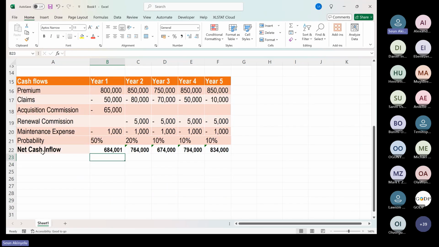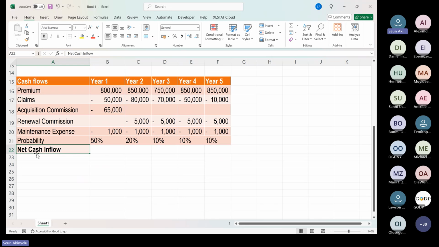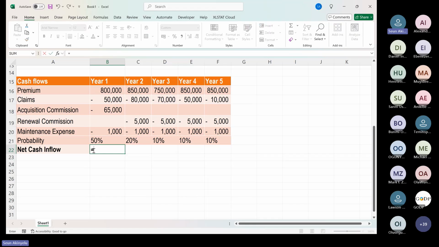Okay, so let's now go and calculate our net cash flow and everything by ourselves. The first thing we need to do is to bring in the probability weighted net cash flow. So let us first bring in the net cash flow. Net cash flow is the summation of all the money, for simplicity.